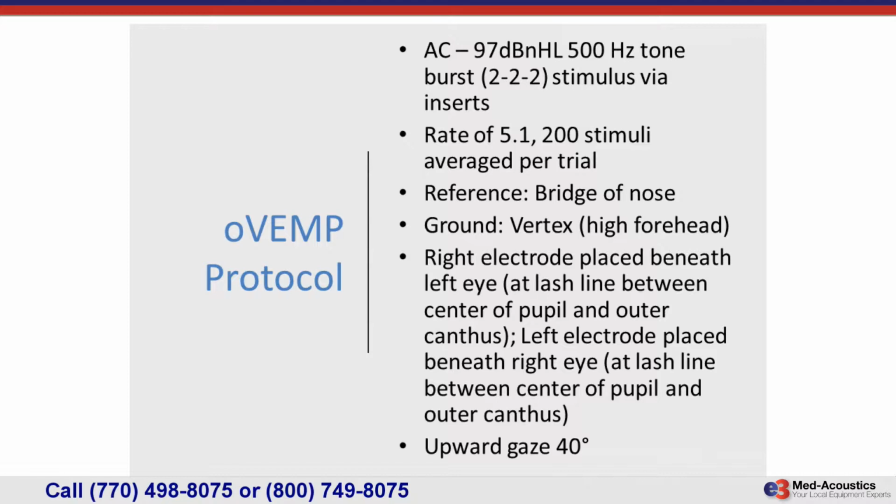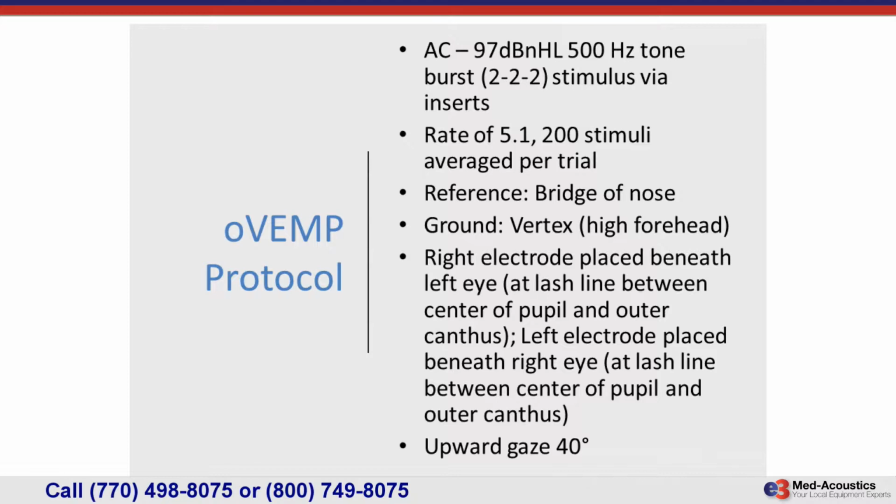So that's two cycle rise time, 2 cycle plateau time, 2 cycle fall time. At a pretty slow rate, we use 5.1, so it would be something like that. We do about 200 stimuli. And I'll show you our electrode montage pretty soon.